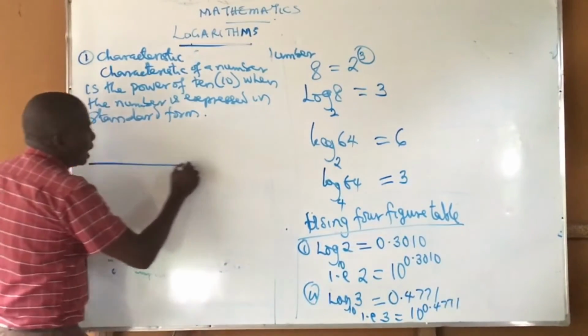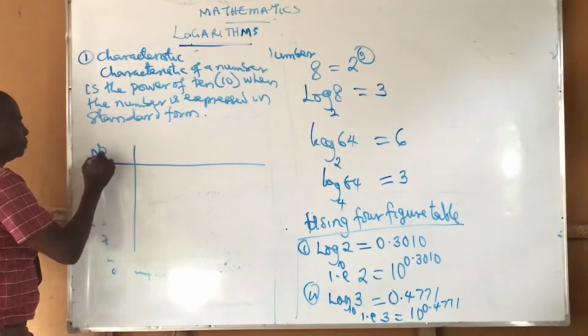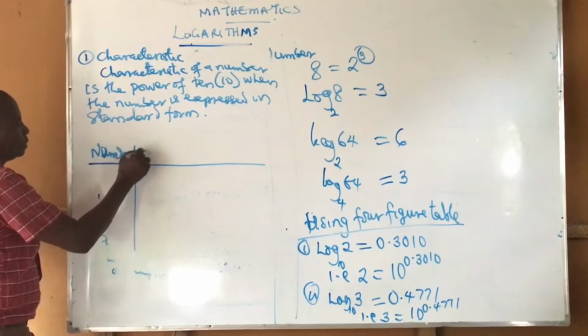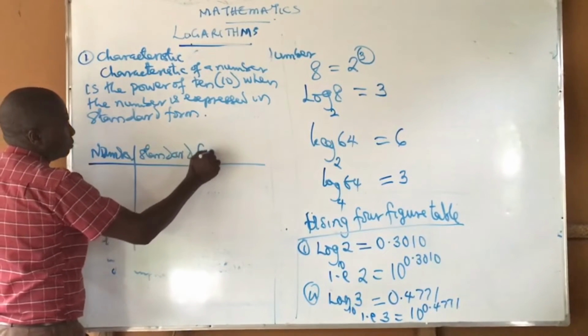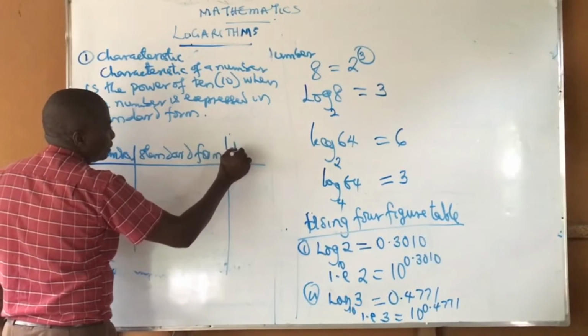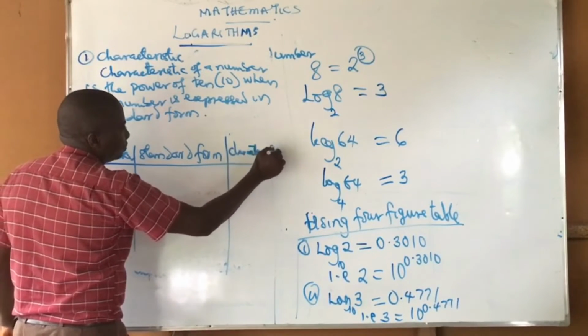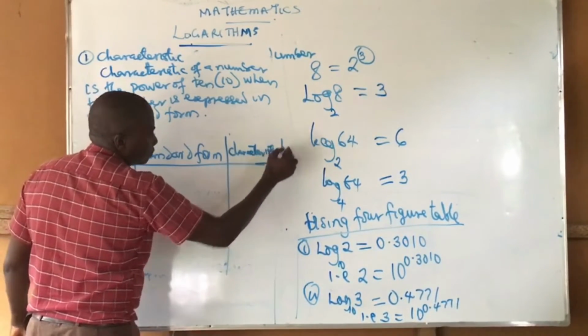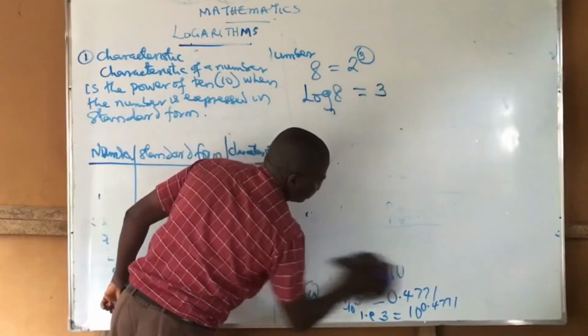So we have number, standard form, characteristic, then mantissa.